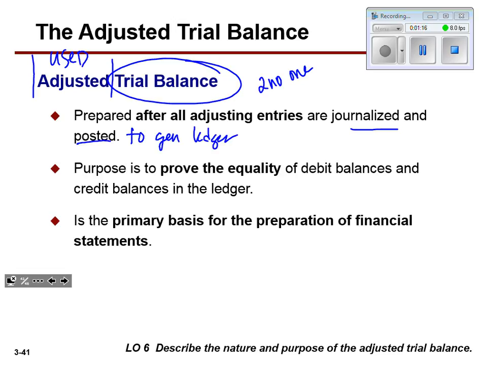The whole purpose of a second one is to prove the equality of the debits and credits after all the adjusting entries have been done, and its whole purpose is so you can prepare the most up-to-date financial statements that you can.